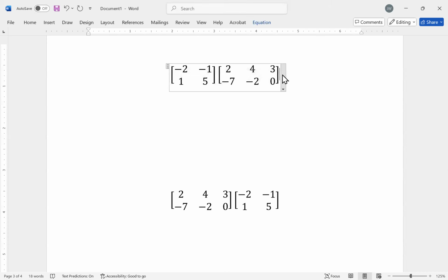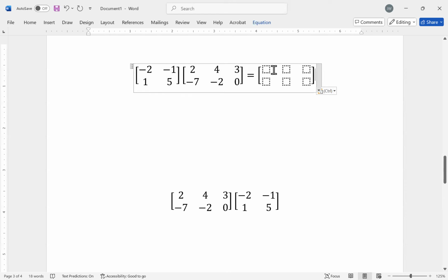So if you do the thought process, you'll see that this is going to lead to 3 columns because each time I take that first row times a column, I can get a new entry. So I'm going to get 3 entries when I multiply the first row. And then when I multiply the second row, I'll also get 3 entries. So I'm going to get a resulting matrix, which is 2 by 3.